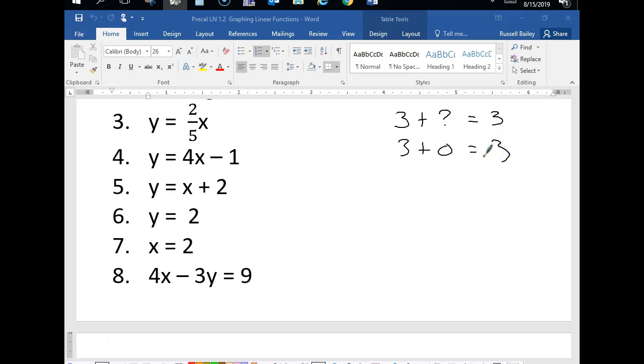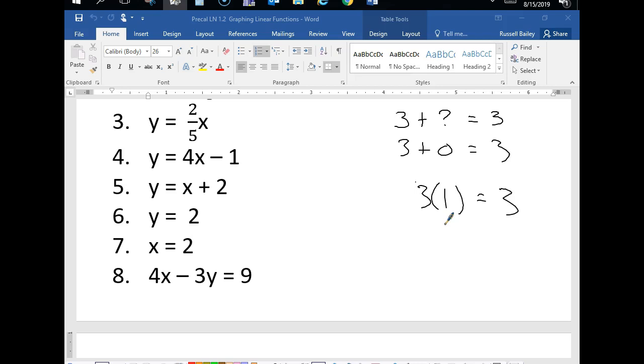So in this case, the missing thing is 0. How about this? What would you multiply this by to make sure it stays as 3? 1. So when you're missing a number that's a multiple, it's a 1. When you're missing a number that's an added or a subtracted value, it's a 0.